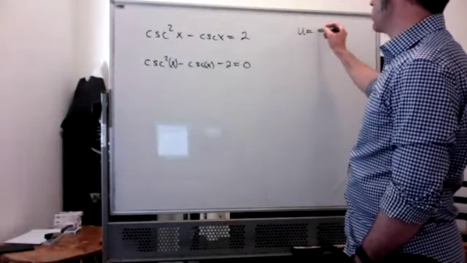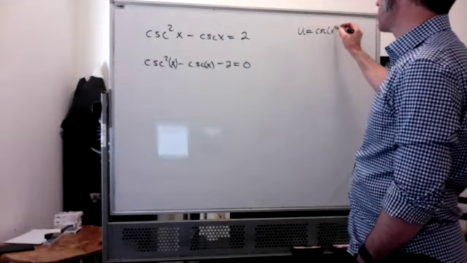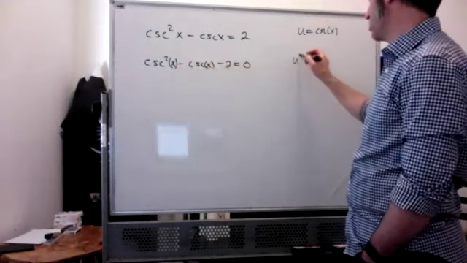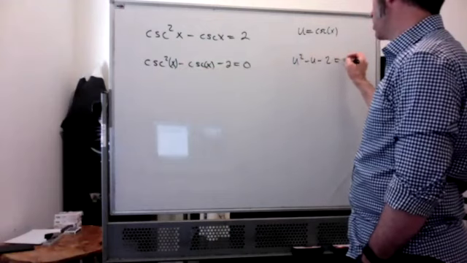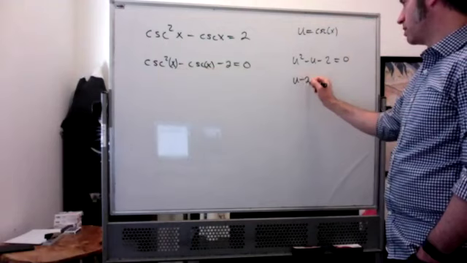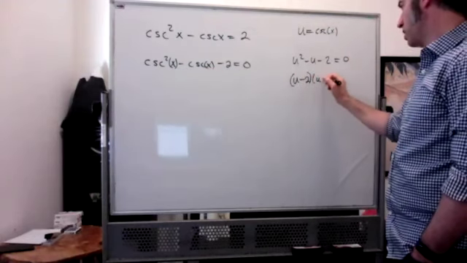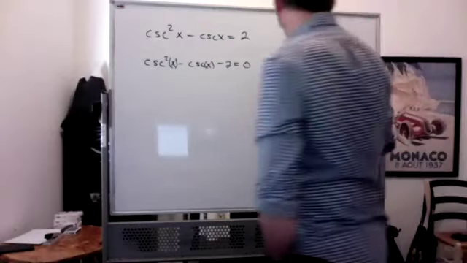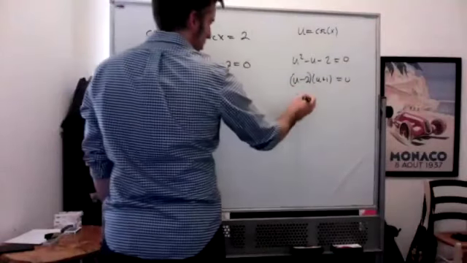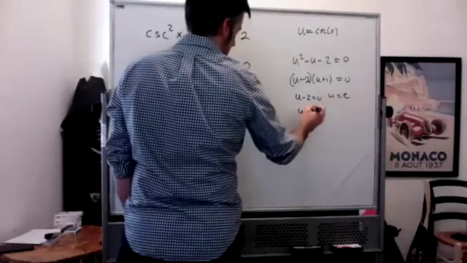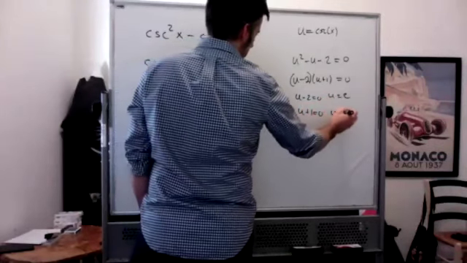You can say that u is equal to cosecant of x, and this is u squared minus u minus 2, which does factor as u minus 2 times u plus 1. So you could get u minus 2 equals 0, u equals 2, u plus 1 equals 0, u equals negative 1.